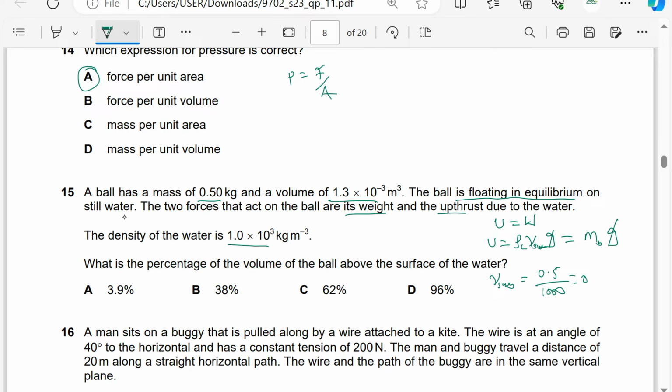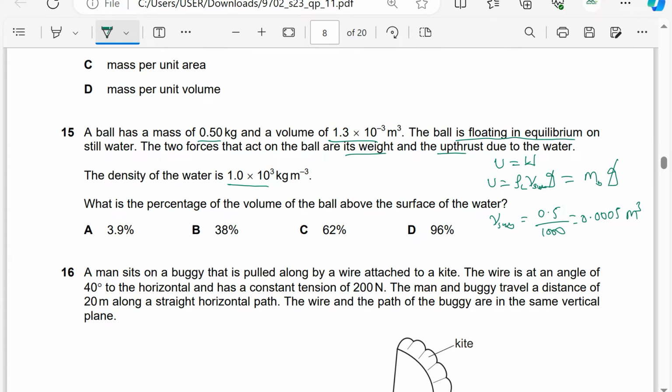This is 0.0005 meters cubed. But the question is, what is the percentage of the volume of the ball above the surface of the water?